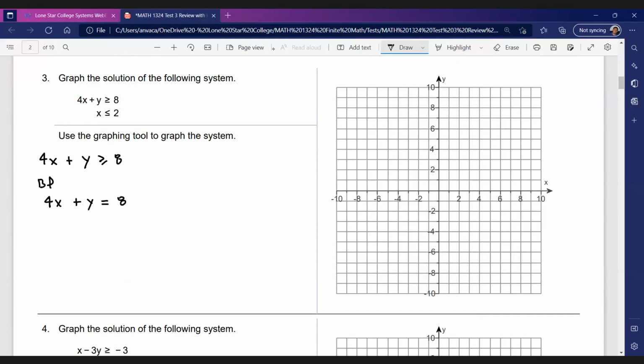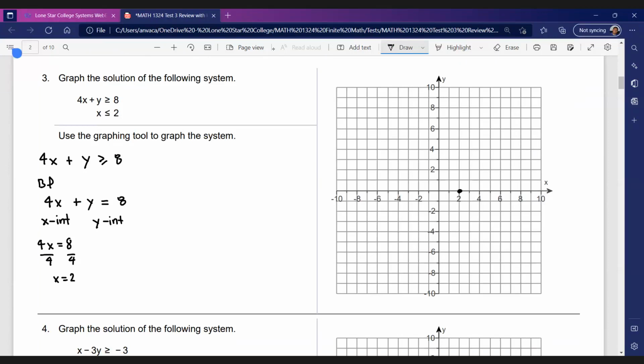In this case, to graph the line, I'm going to use the x and y intercepts. So how do we find the x and y intercepts of this line? To find the x-intercept, completely forget about the y and solve the equation 4x equals 8. After dividing by 4, we get that the x-intercept is equal to 2.